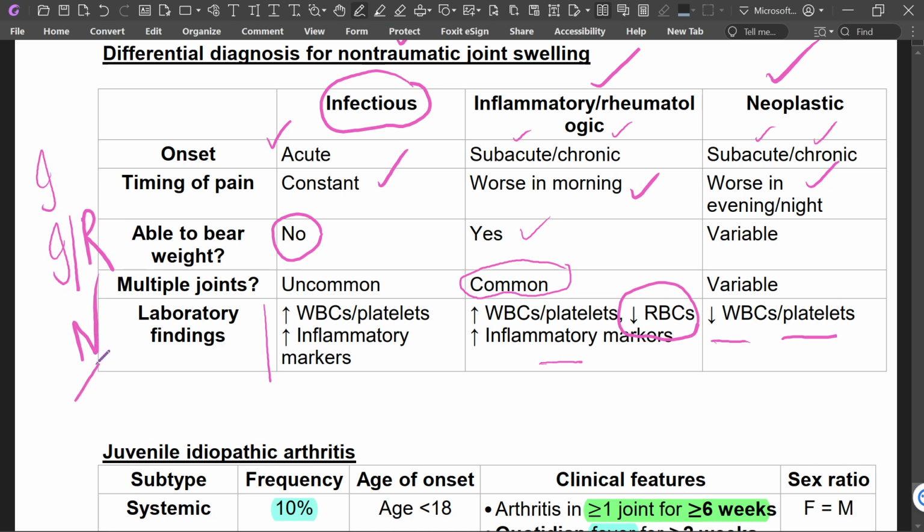In the lab investigation, in infectious and inflammatory, there is increased WBC, increased platelet count, increased inflammatory markers ESR or CRP. But in rheumatologic, there are decreased RBCs too. And in neoplastic, there is decreased WBC and platelets.